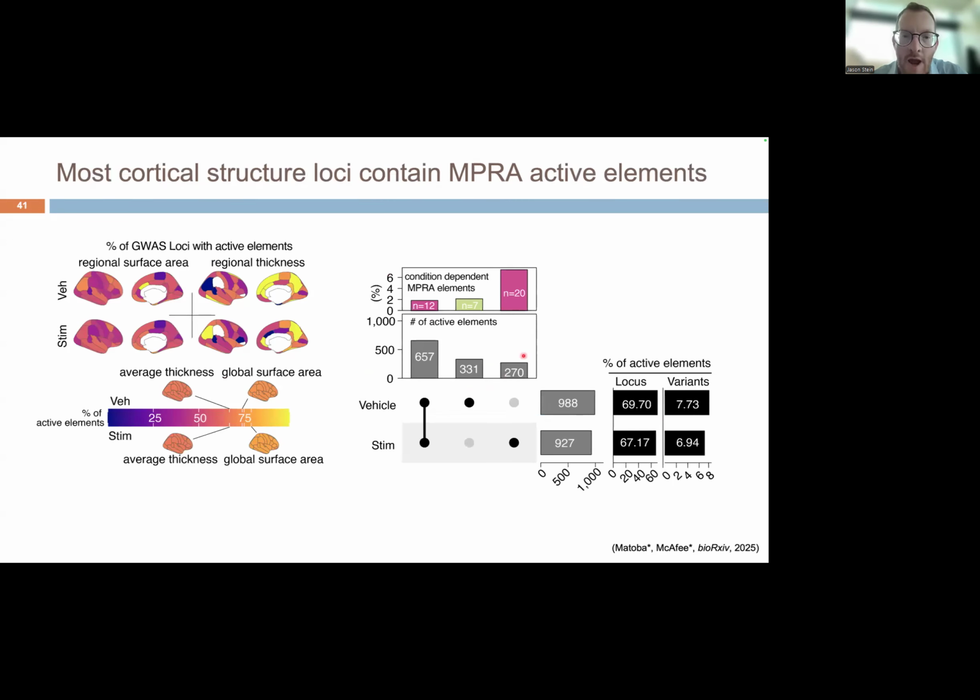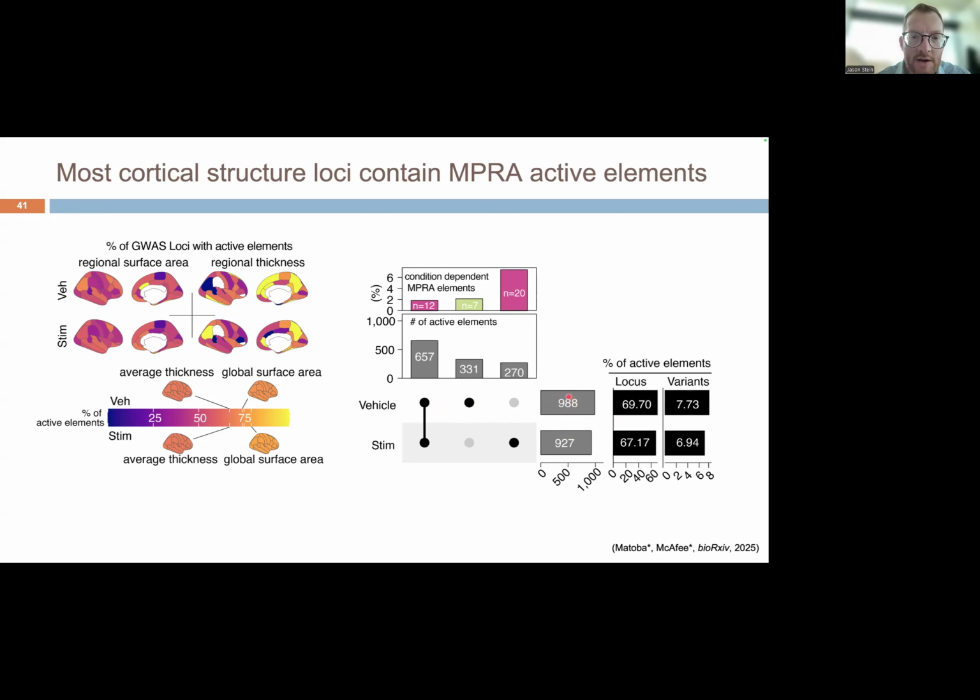Okay, so now moving on to the Enigma library, the Enigma part of this EMPRA library. We were trying to identify cortical size related regulatory variants. We tested the regulatory activity of these elements and found 988 of our study of around 9,000 variants that had significant EMPRA activity.